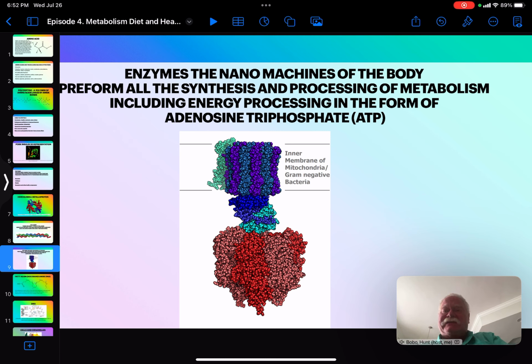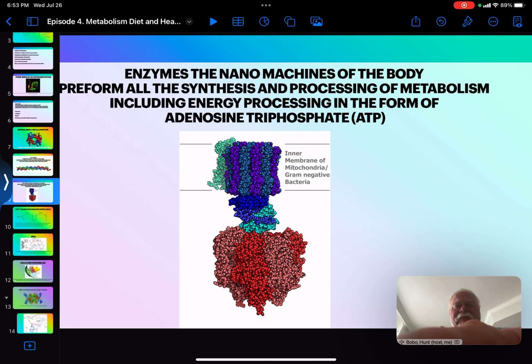And then the aqueous cytosol inside, which is polar and would be more water soluble, like a water solution. And this is what a transmembrane anchored membrane-based enzyme would look like, and it helps to make your little factory to process NADH and electron transport down to make ATP as it's going.